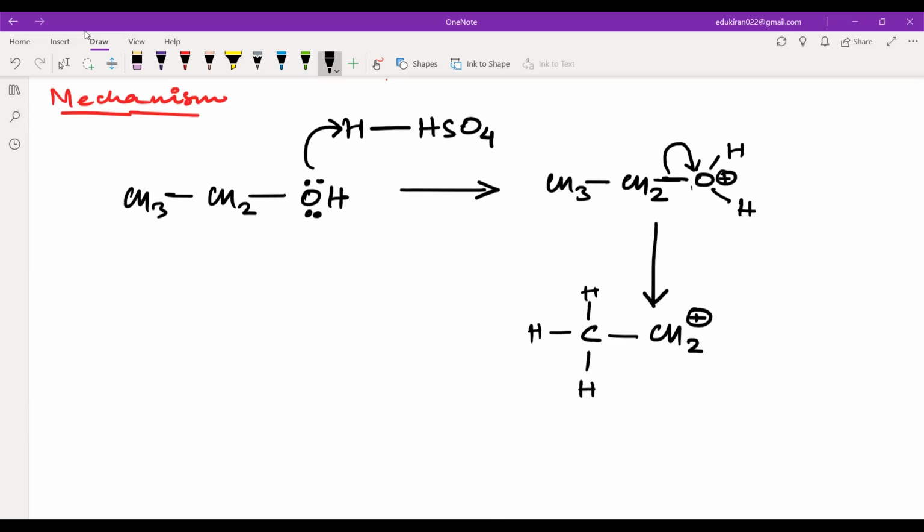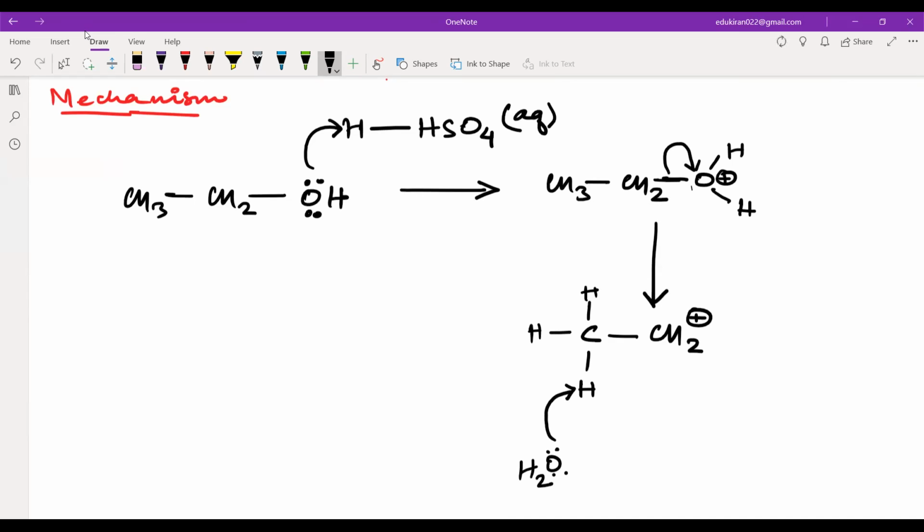Now, H2SO4 is essentially a gas, which is why it will be present in aqueous medium. So we have H2O molecules here, and also HSO4 negative. Any one of them can attack this particular hydrogen atom.